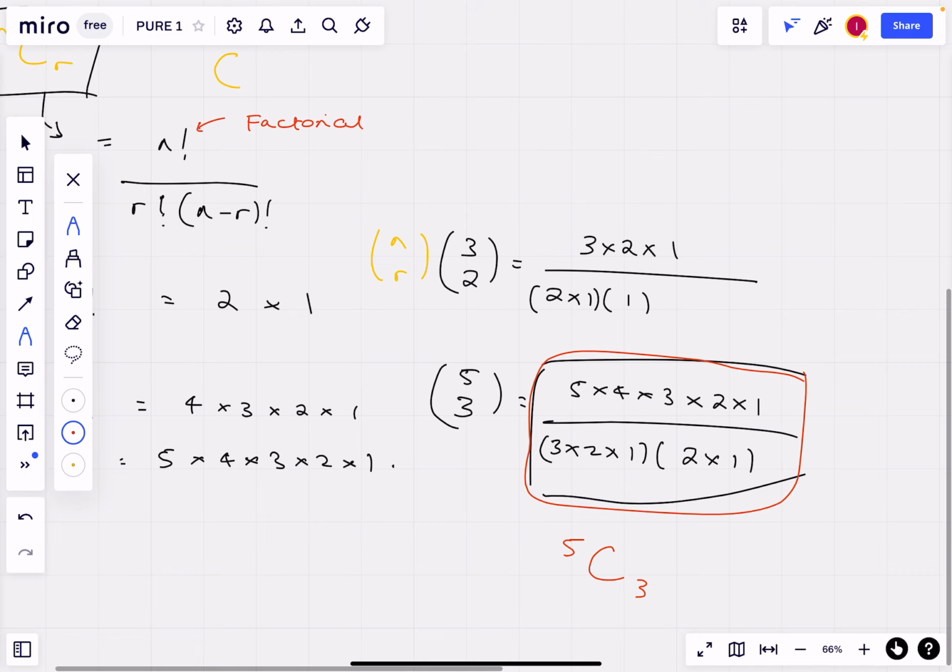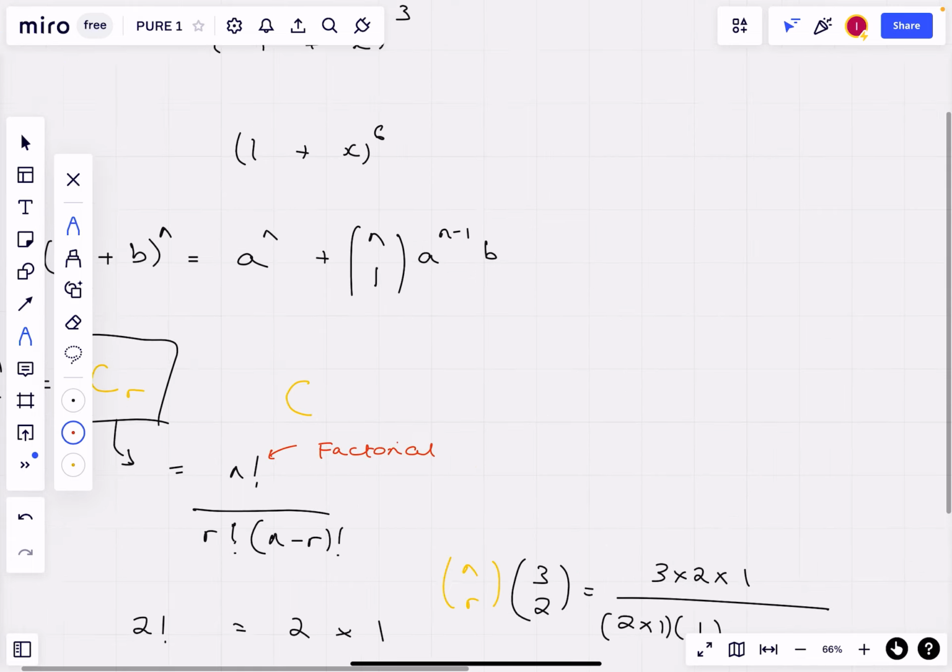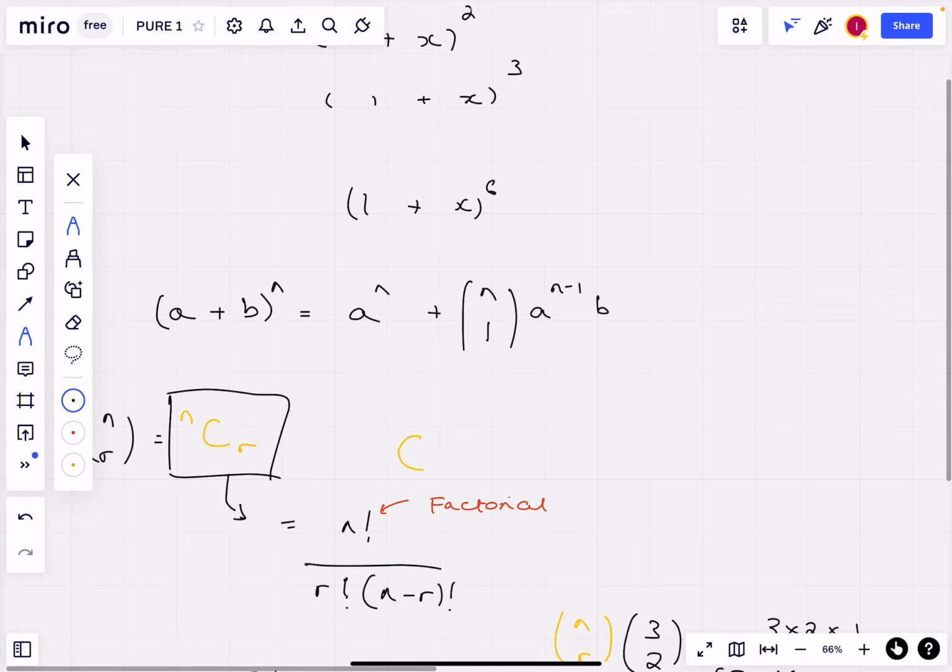In your calculator, I want you to AC everything, press the number 5, shift, divide. Now the C has come up, and then 3, and then press equals. So you get 10. Does that make sense?